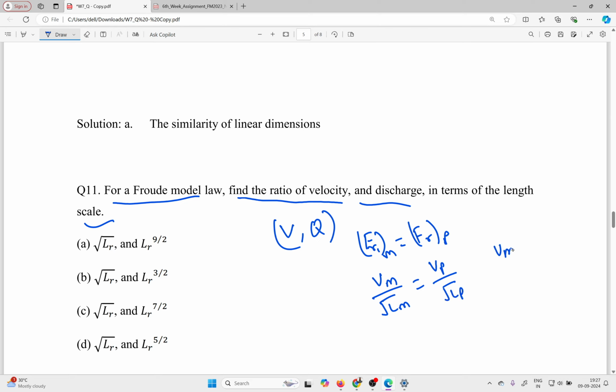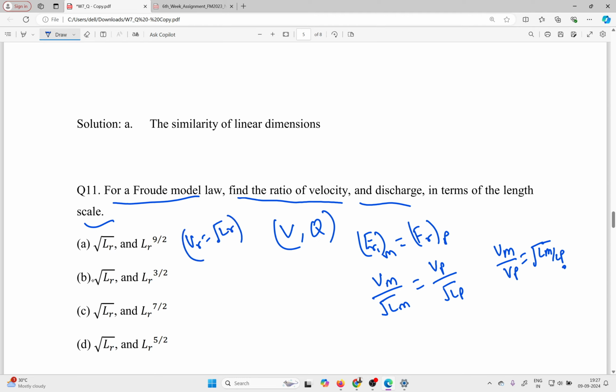So Vm by Vp is equal to root Lm by Lp. So the first answer for velocity, Vr, is equal to root Lr.